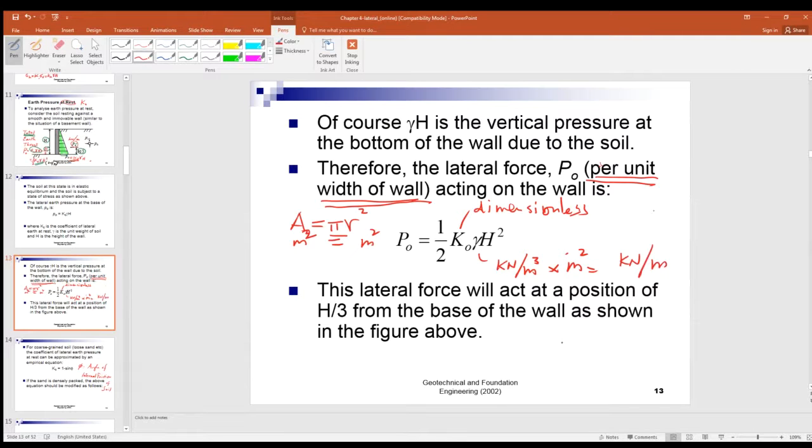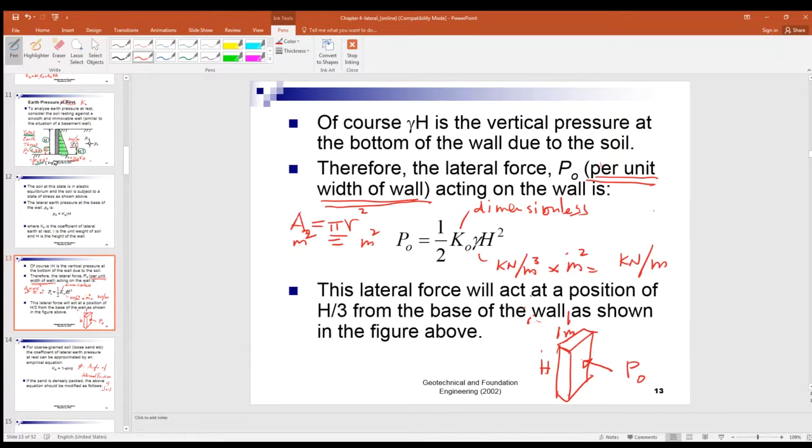What does that mean? It means that if that is the retaining wall, and here is the P naught, what's the force? And that is the H, and that is 1 meter here.